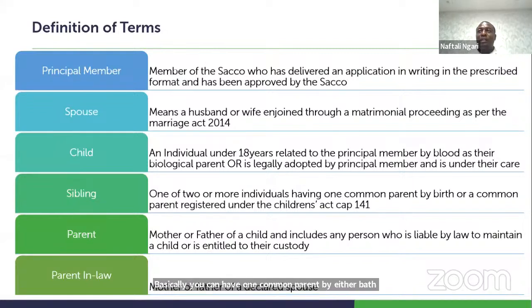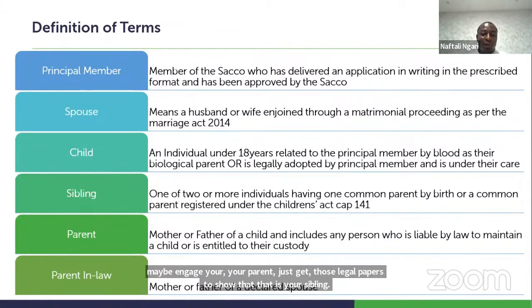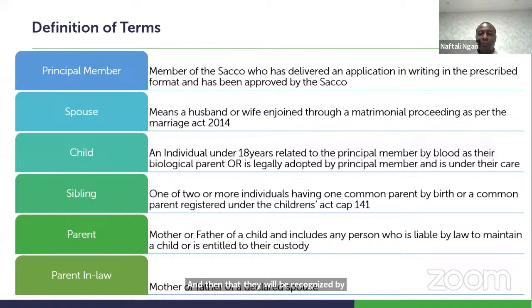So again, if you have any siblings that are your brother or sister by adoption, you need to maybe engage your parent just to get those legal papers to show that that is your sibling, and then that they will be recognized by law as dependents of your parent, and now can also be recognized under this policy as your brother or your sister.